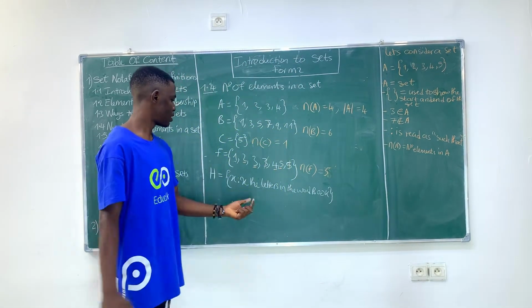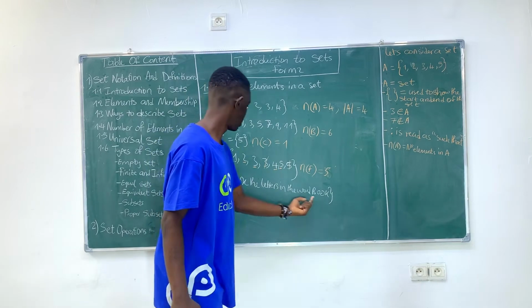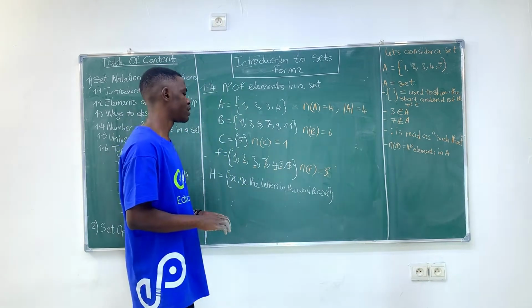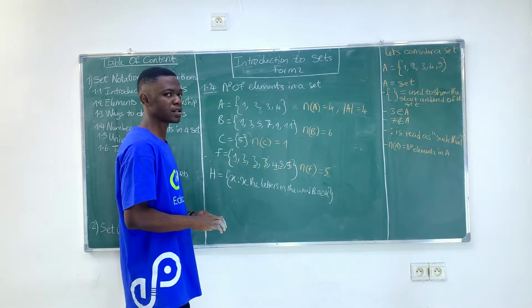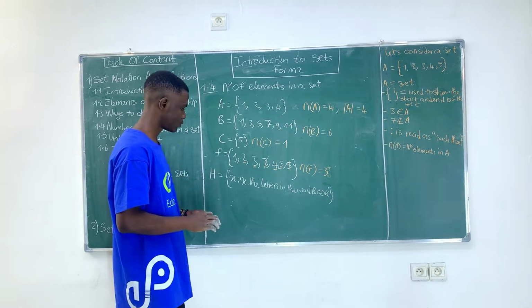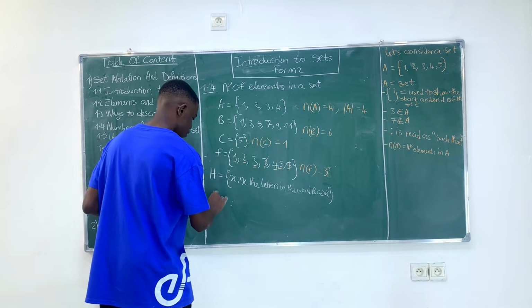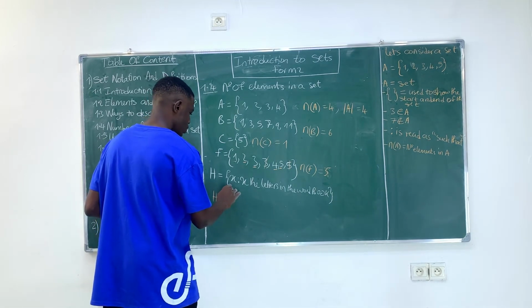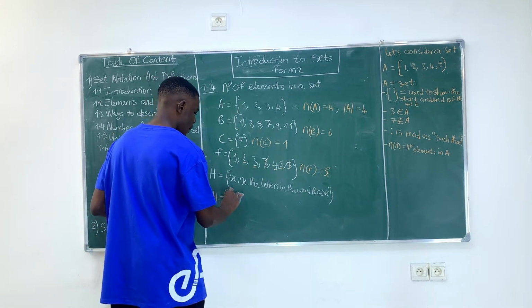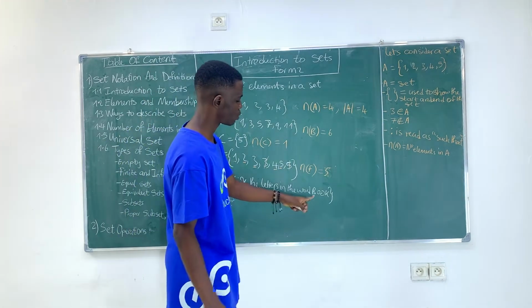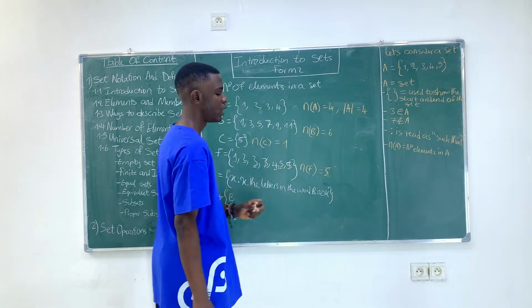If they give you this, how will you represent the elements in set form? Book has how many letters? 1, 2, 3, 4. That's 4 letters.